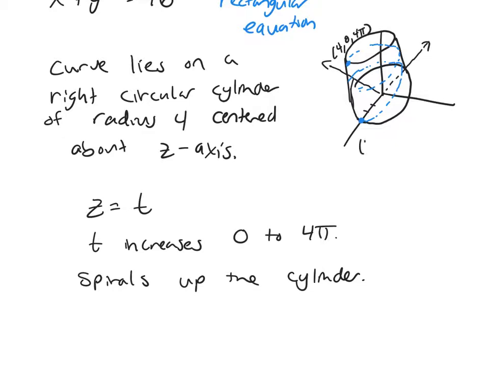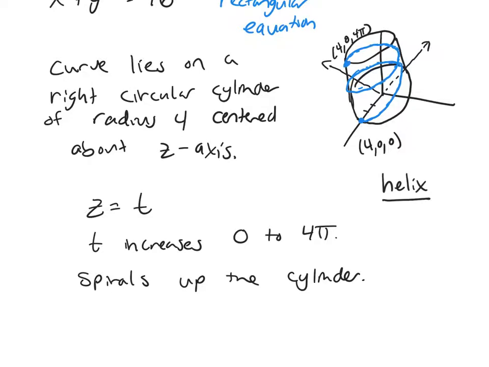And it started at the point (4, 0, 0). So this kind of path, let me fill it in so we can see. This is the curve here. We went around the circle, but as it goes around, it's going up and up and up. And this is sometimes called a helix, because it's spiraling up this cylinder.